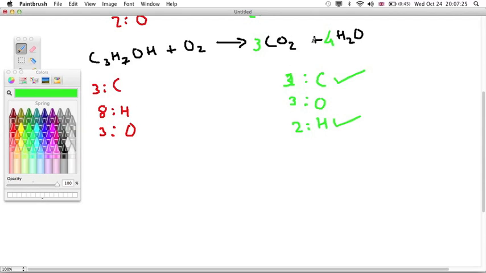But then you have 6 oxygens plus 4, so you have 10 oxygens, and you only have 3 oxygens over here. So what can you do?